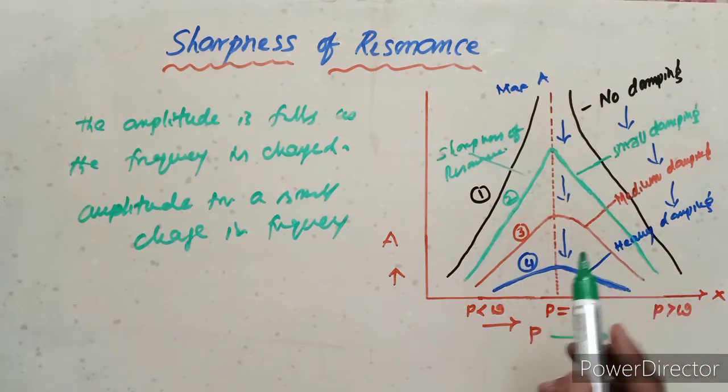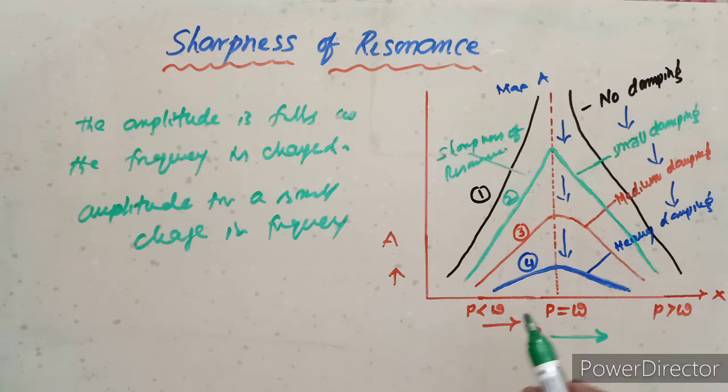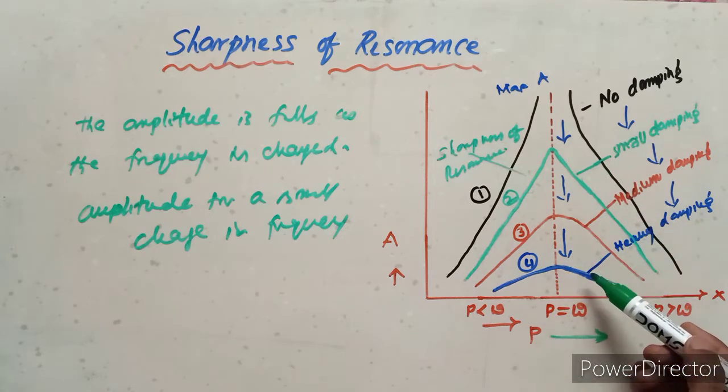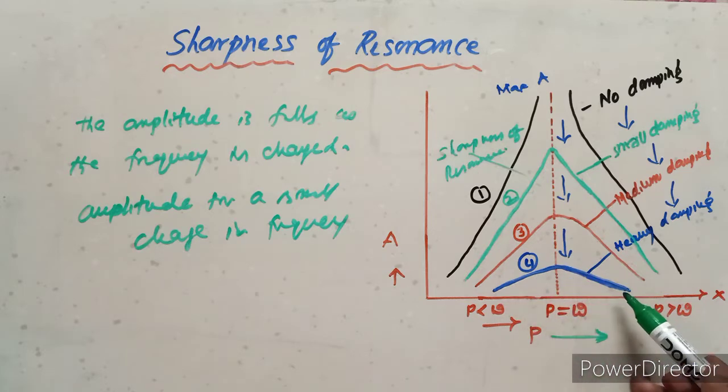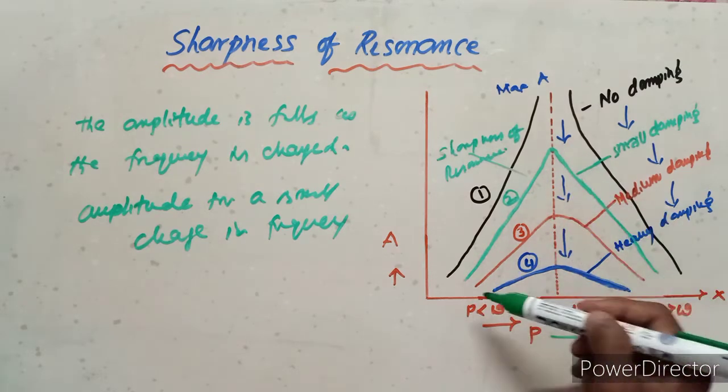So this is the sharp resonance. And also when the fall in amplitude is small, the resonance is said to be flat. In this case, the amplitude totally falls here. The resonance is flat. Here the resonance is sharp.